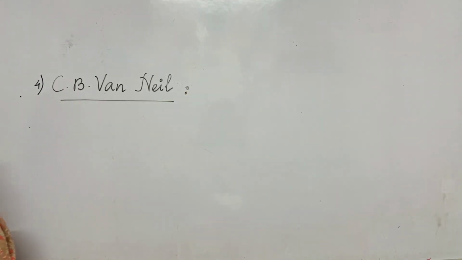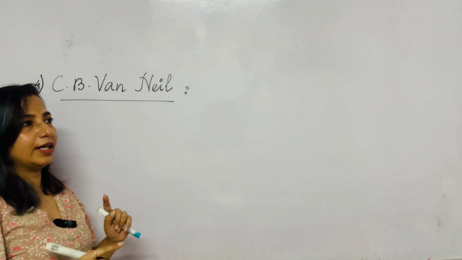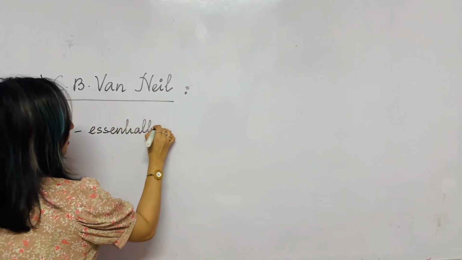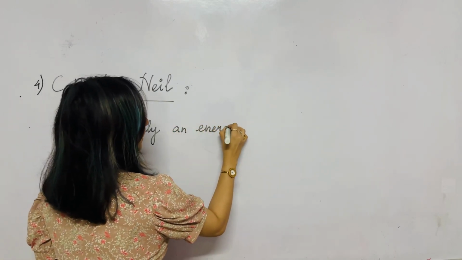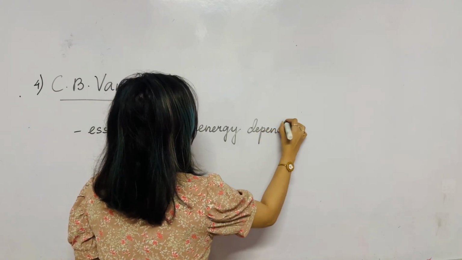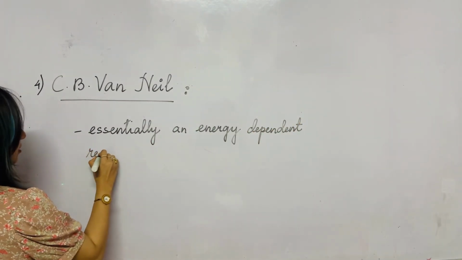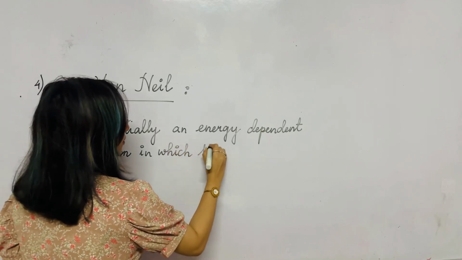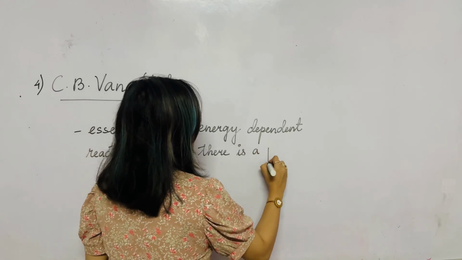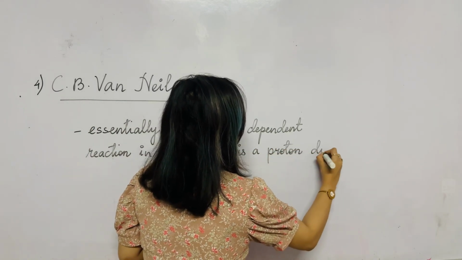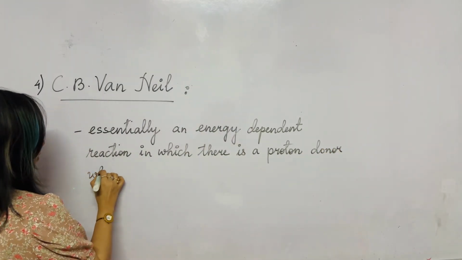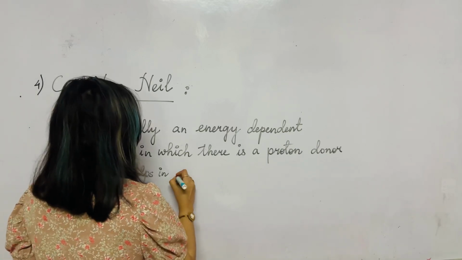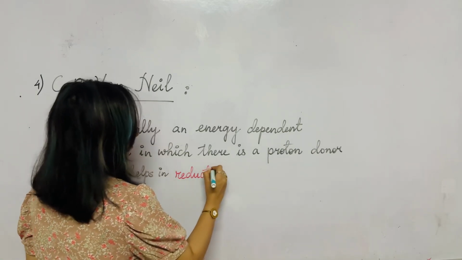In 1931, he made a very important suggestion, and he stated that photosynthesis is essentially an energy dependent reaction in which there is a proton donor which helps in reduction of carbon dioxide into glucose.